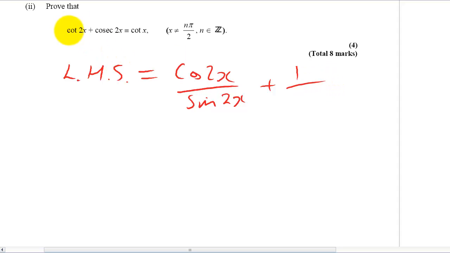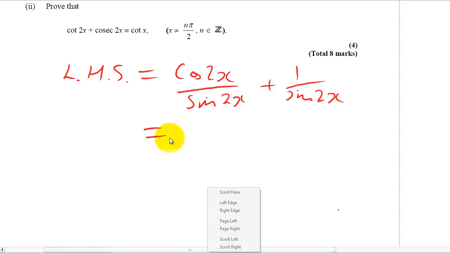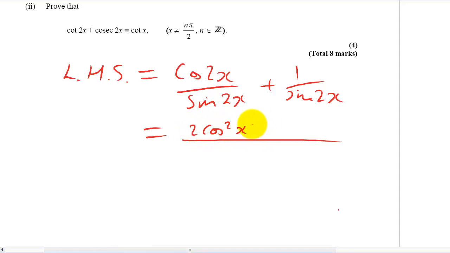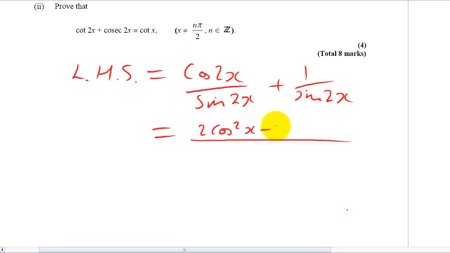So cot is 1 over tan, tan is sine over cos, so therefore cot is cos over sine, and cosec is just 1 over sine 2x. Now let's use our double angle formulae. So cos 2x is equal to 2 cos squared x minus 1, and we've got this over the same thing, so we can add on that plus 1 here.